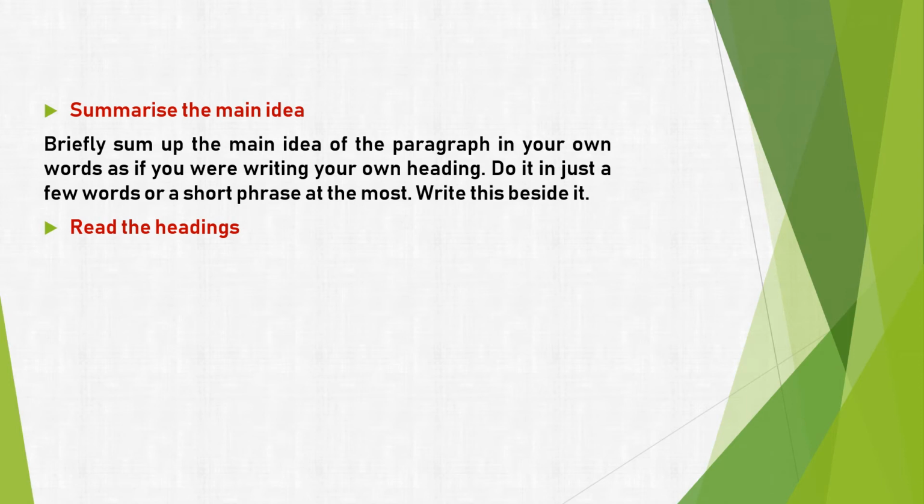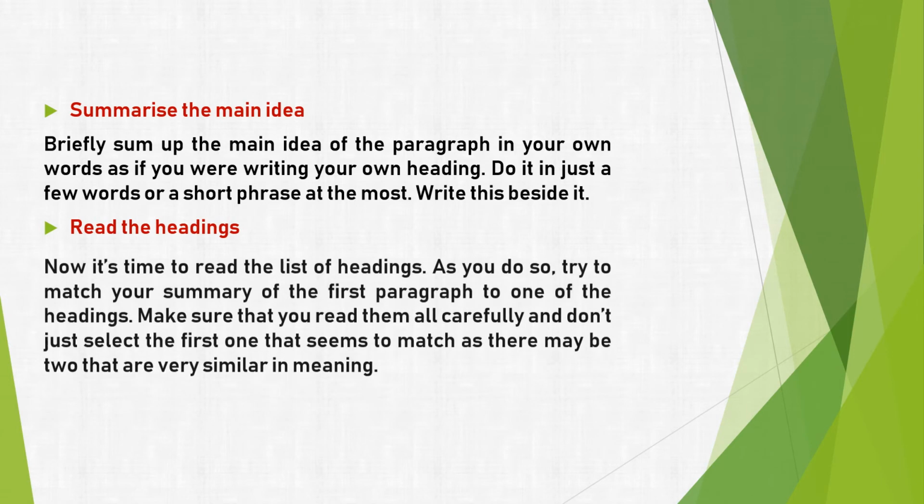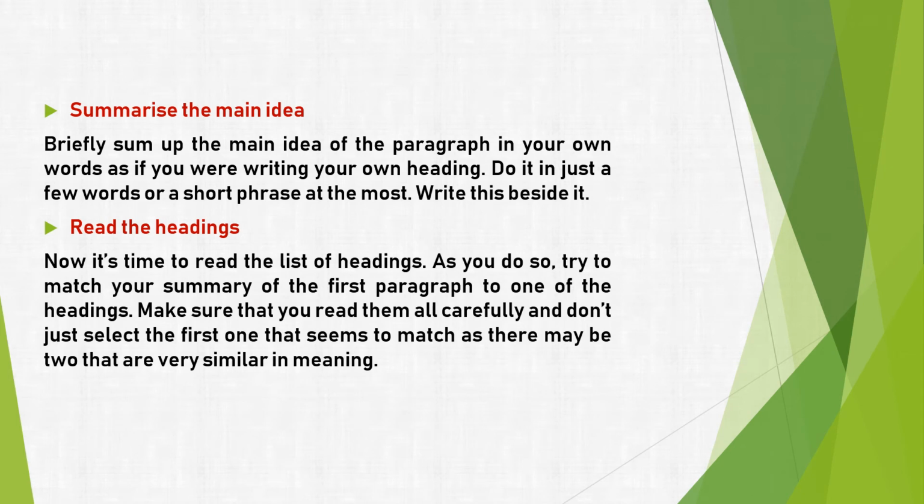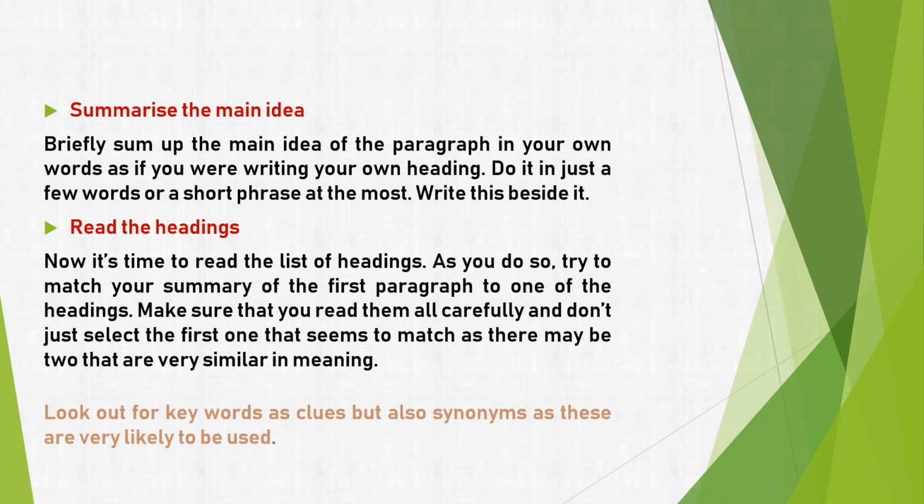Next, read the headings. After you have summarized it into one sentence, match it with your headings. Number one, is it talking about that? No. Fine. Next, go to B. Is it describing a cup? Yes. Like that, you need to match your summarized idea with the headings and see which one suits best.